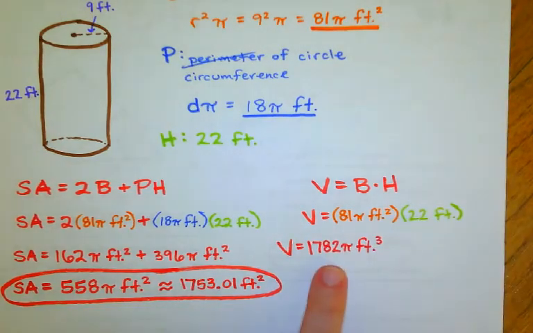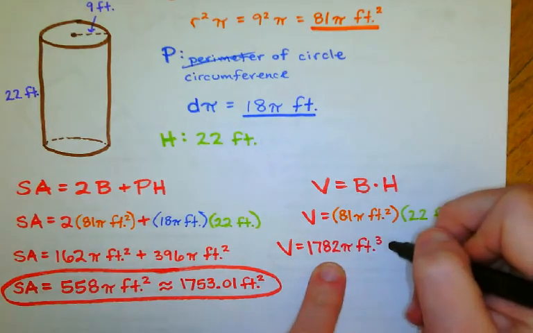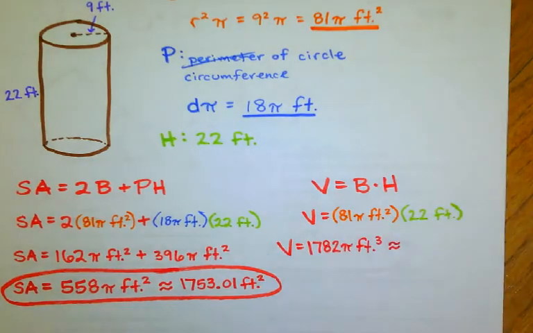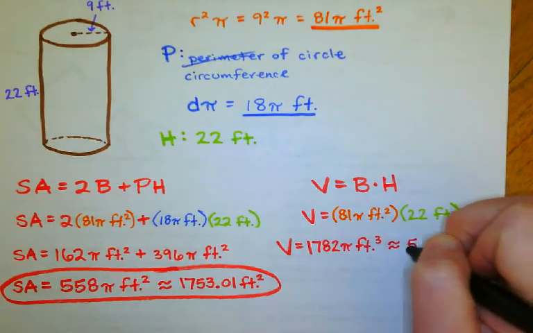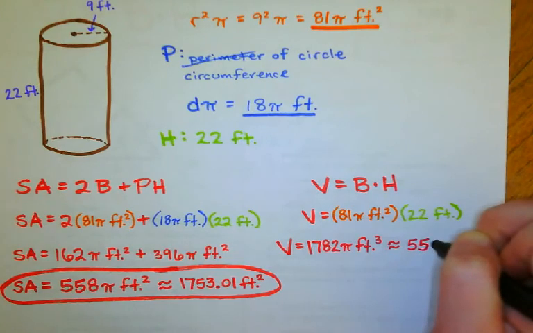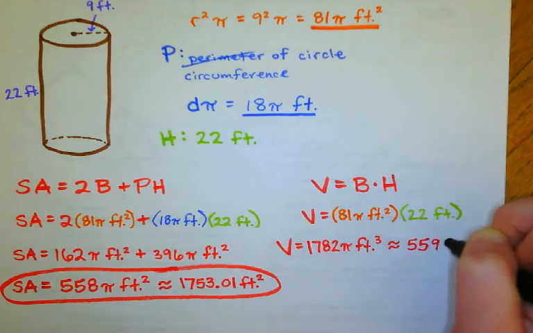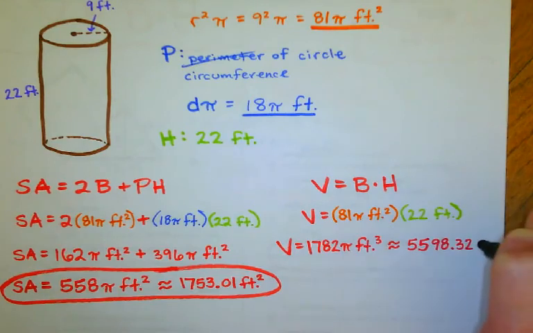So there's our exact answer. Our approximate answer, times pi, would be approximately 5,598.32 feet cubed.